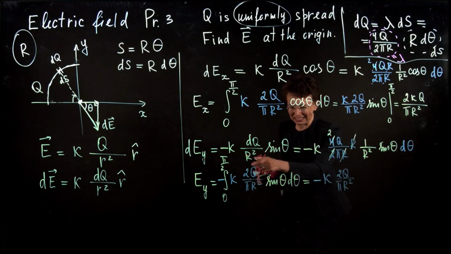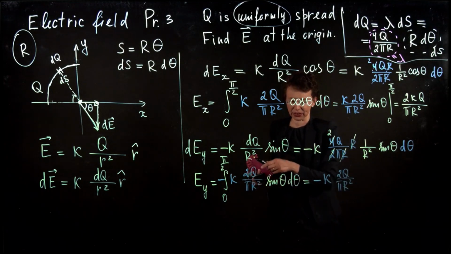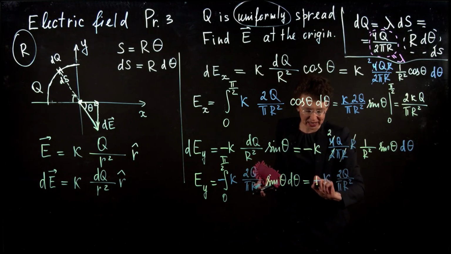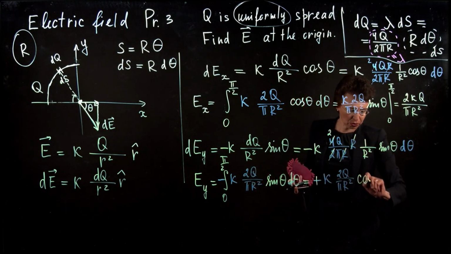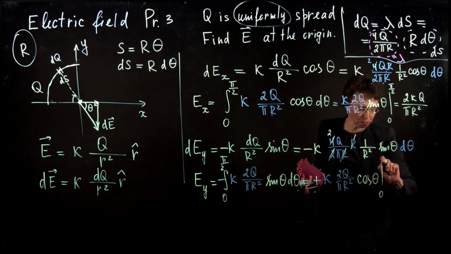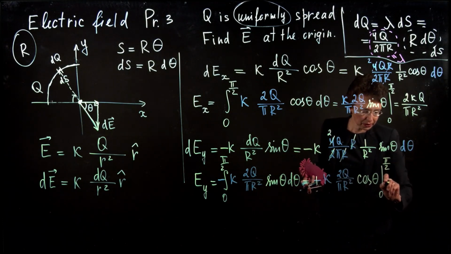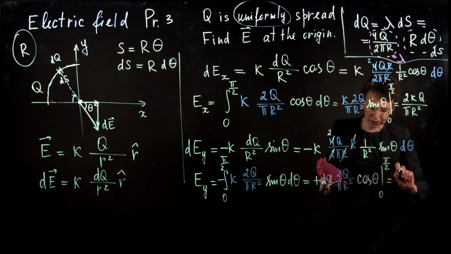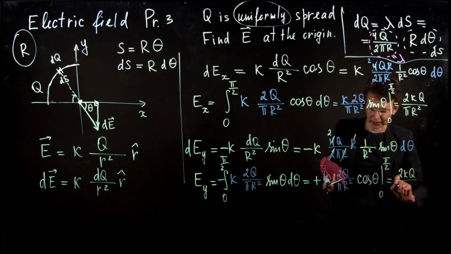What is integral sine theta d theta? Integral sine theta d theta is minus cosine theta, minus and minus plus cosine theta. The limits are from 0 to pi over 2. I have 2kq divided by pi r squared.